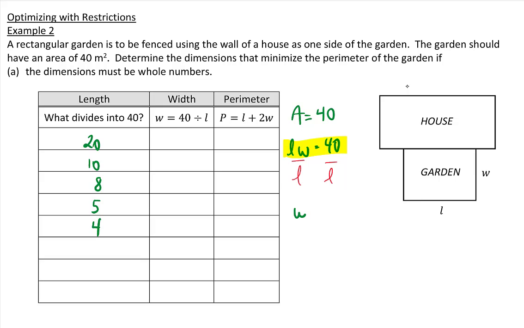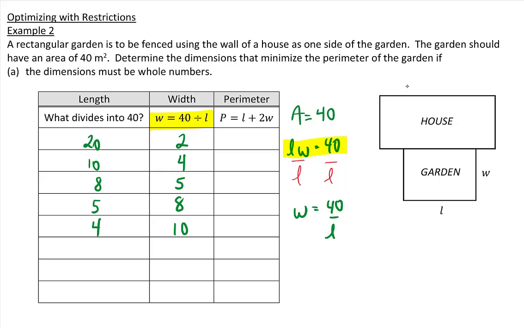That tells me the width is equal to 40 divided by L. So take the numbers that we decided will be the lengths: 40 divided by 20 gives 2 for the width of the garden. 40 divided by 10 is 4. 40 divided by 8 is 5. 40 divided by 5 is 8. And then 40 divided by 4 is 10.